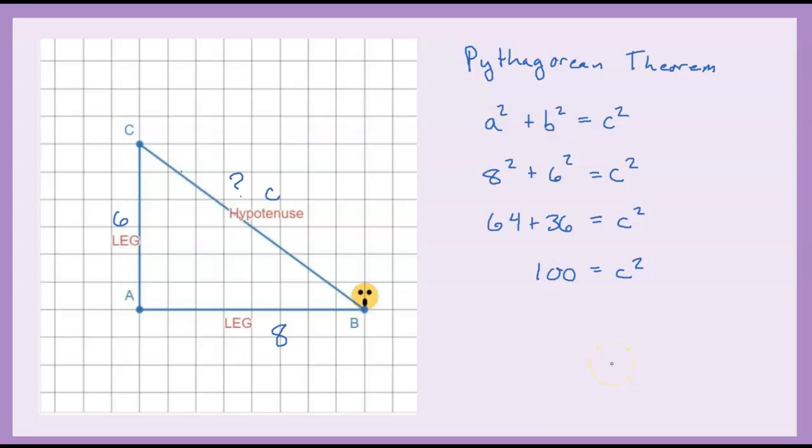What's our last step to get C by itself? Well, we have a square, so we need to do square root on both sides to get rid of it. 100 square rooted is 10, because 10 squared is 100. So C is length 10 here.